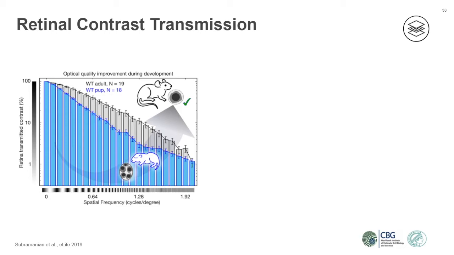So all sizes of stripes that you see on the x-axis, and the contrast is shown on the y-axis. So that is consistently better performance of the wild type retina shown in the gray bars compared to the contrast transmission of the developing pup, which is 2 weeks old, shown in the blue bars.